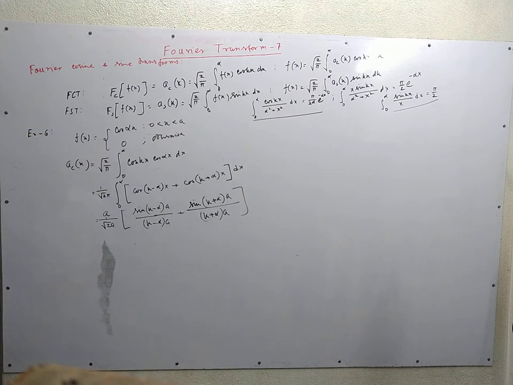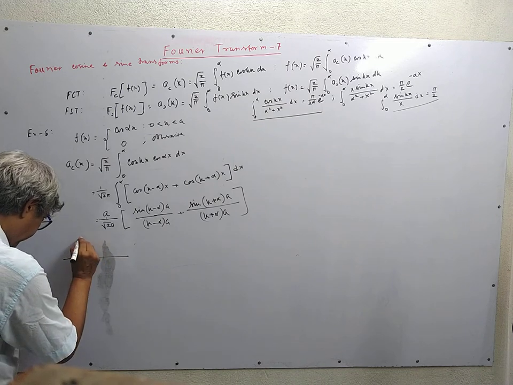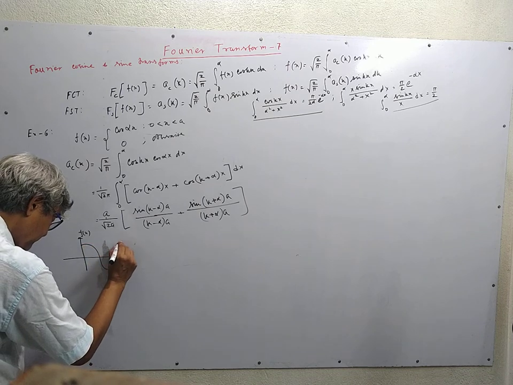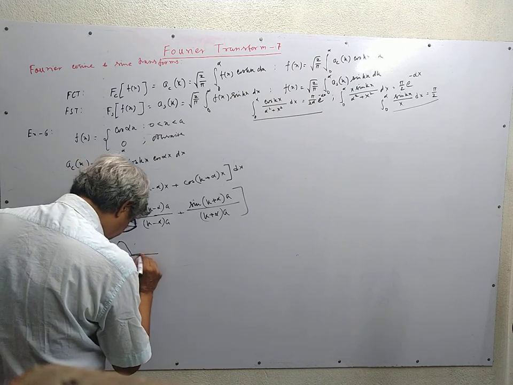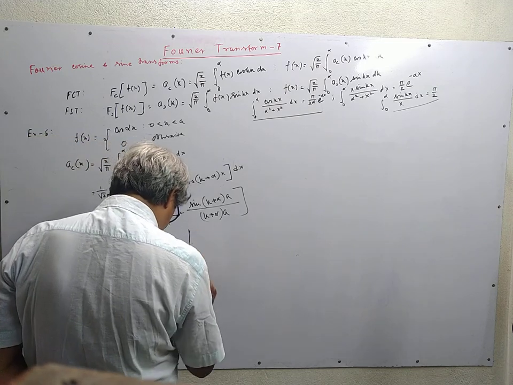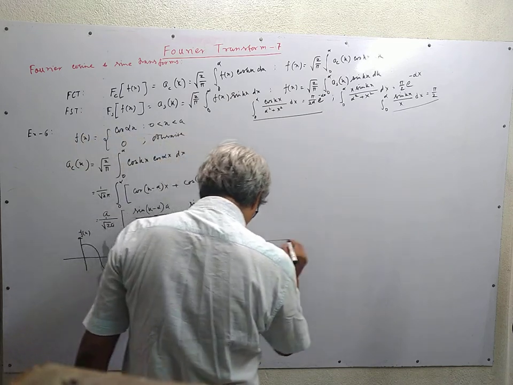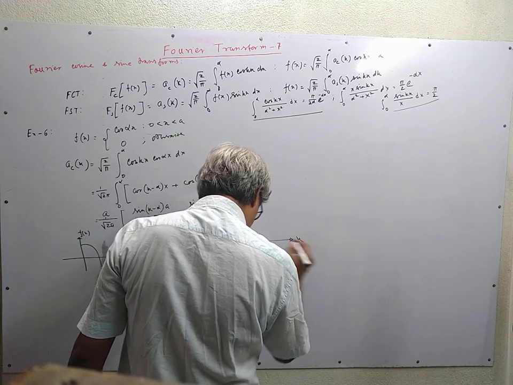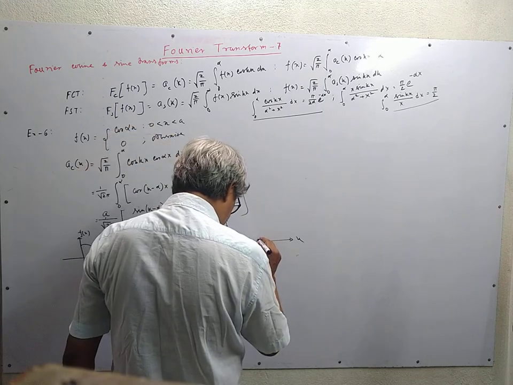If we plot this graph, first we plot this plot, f of x is equal to cos of alpha x, and then 0, and the corresponding Fourier cosine transform will consist of two peaks. Both are erect. One is at k is equal to alpha, and this is at k is equal to minus alpha. Both the peaks are erect peaks.